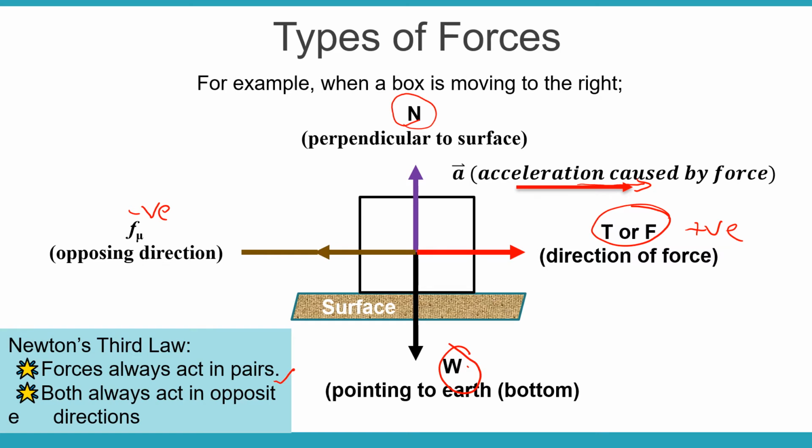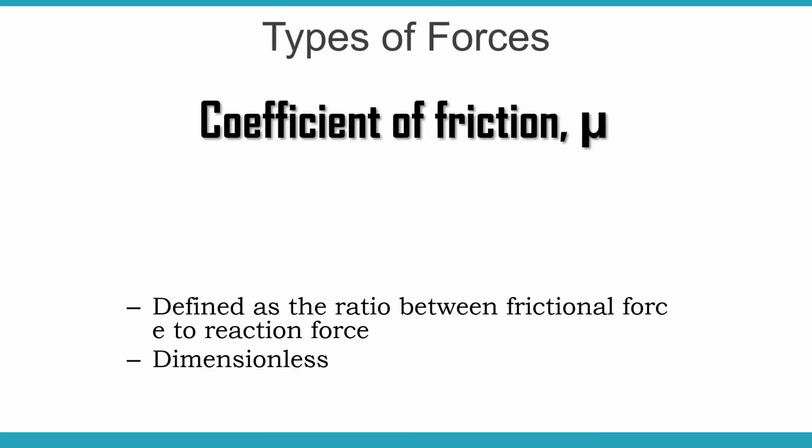So both always act in opposite direction. Okay, macam ni lah. Satu ke kanan, satu ke kiri, satu ke atas, satu ke bawah. Dia akan berpasangan dan dalam arah yang bertentangan. Itu adalah rules from the Newton's third law untuk force.